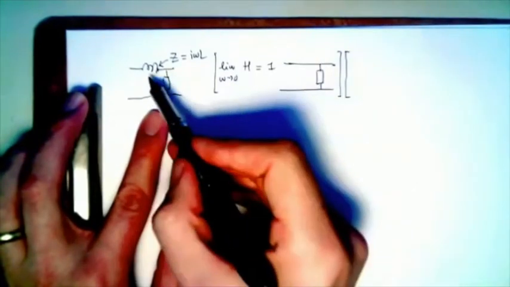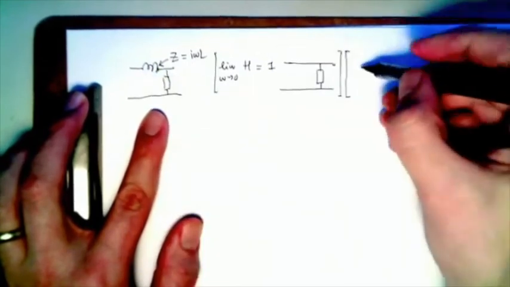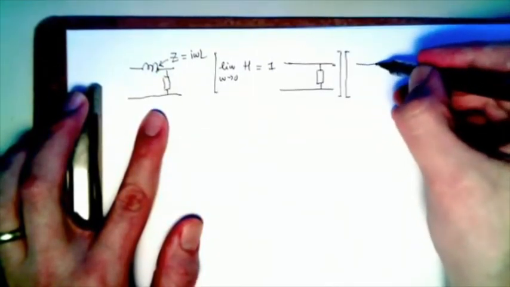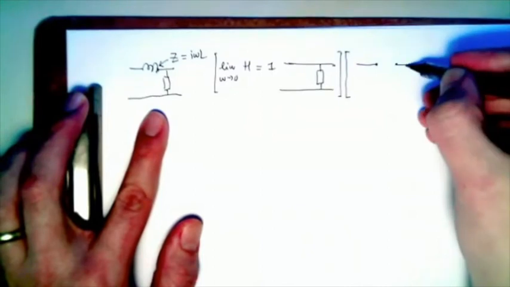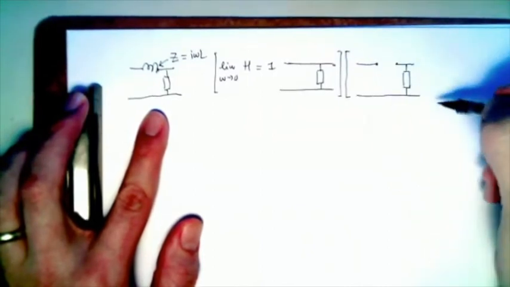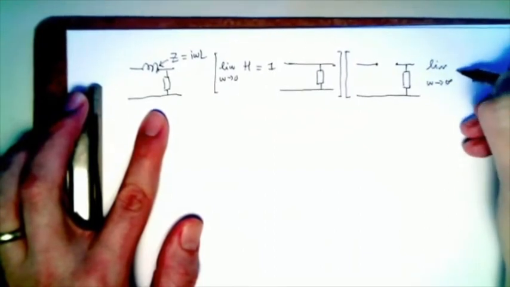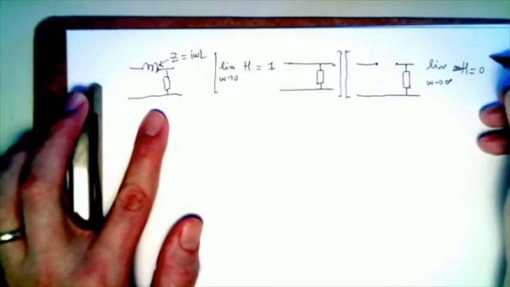Okay, now the high frequency picture. In the high frequency limit, this impedance goes to infinity, so it becomes an open circuit. So there's nothing here. So therefore the magnitude of H is 0, right?